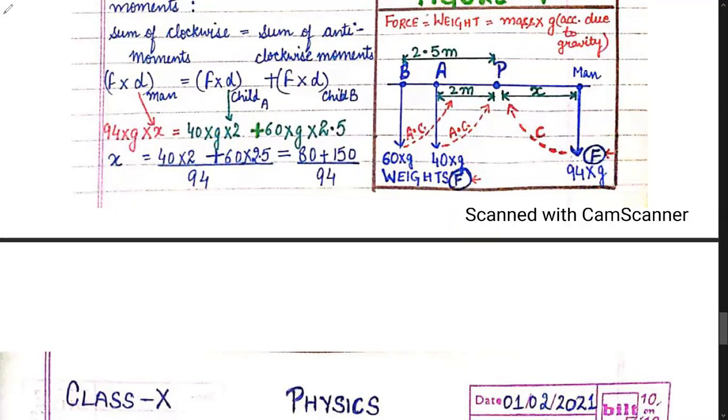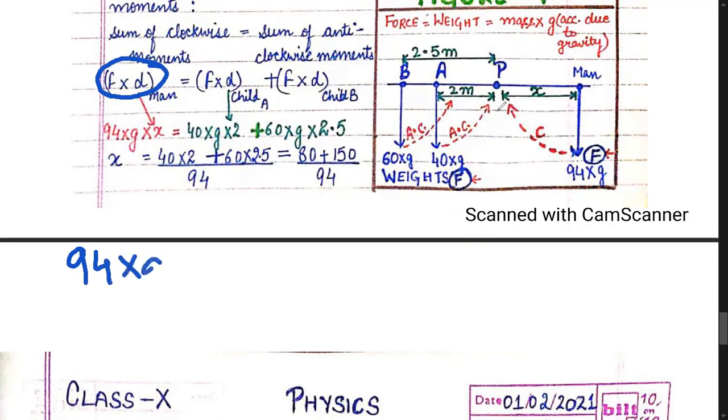Now, the clockwise moment is done by the man only, whose weight was 94 kg. Children, the formula of moment is force into distance. 94 kg is not force, it is mass.